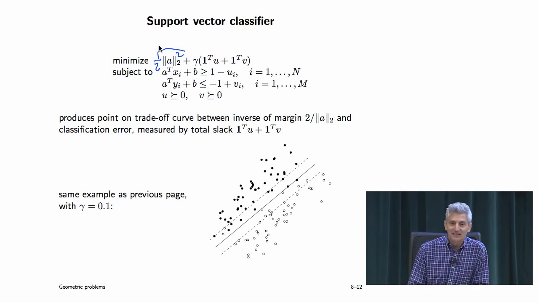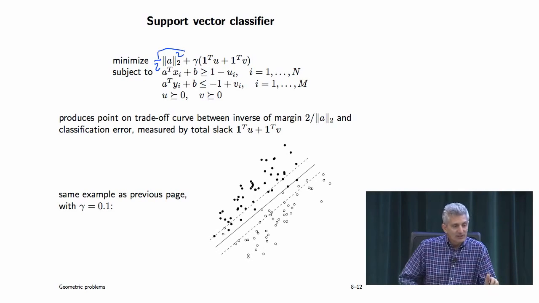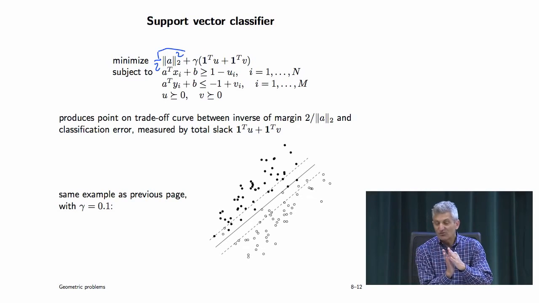Traditional L2 regularization turns out to have a beautiful geometric interpretation because when you're minimizing the norm of A, the weight vector, it's equivalent geometrically to saying don't look for a hyperplane, look for a slab, and maximize the width of the slab, which means that you've separated them well.